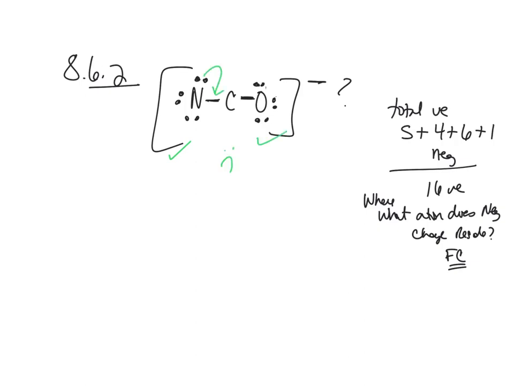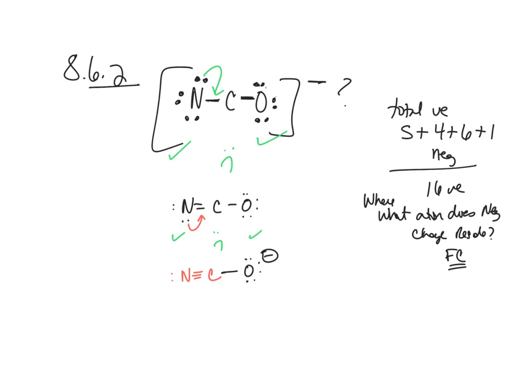So now we're going to put those in and redraw. And once again, these are okay. Carbon's not. Now I know nitrogen likes 3 bonds and 1 lone pair. Carbon likes 4. And so the negative is going to be on oxygen.